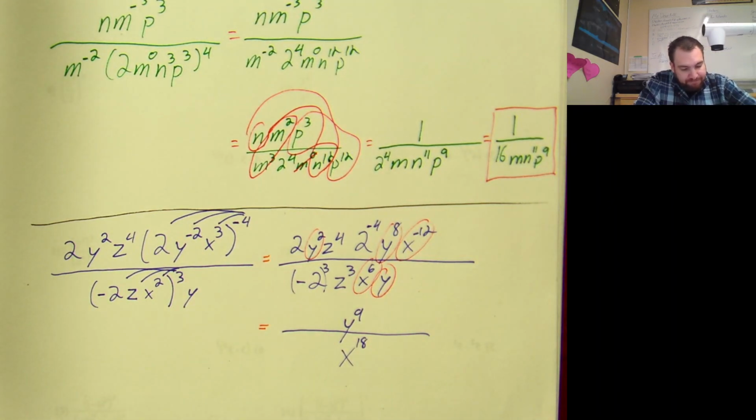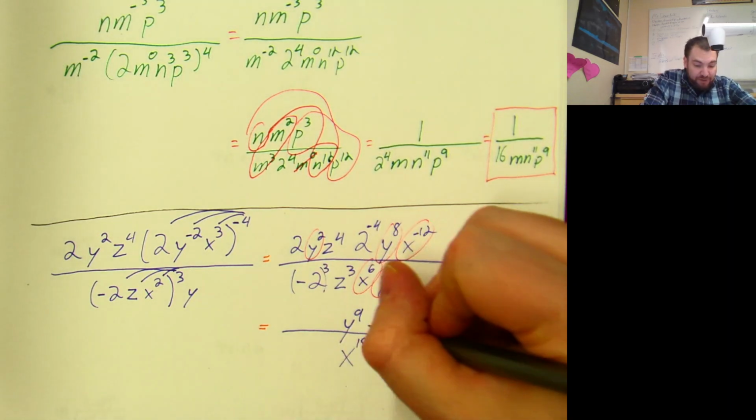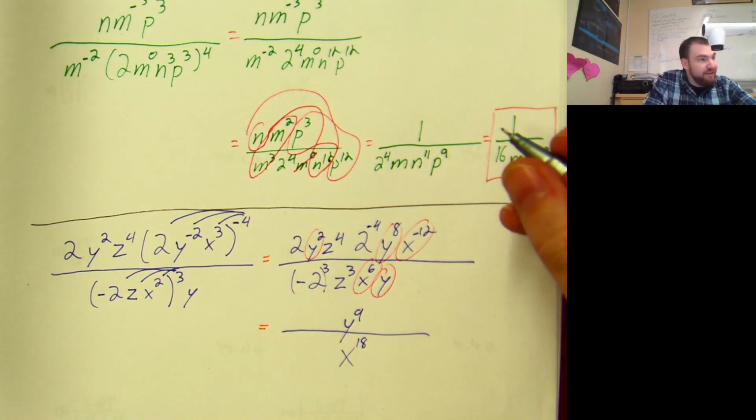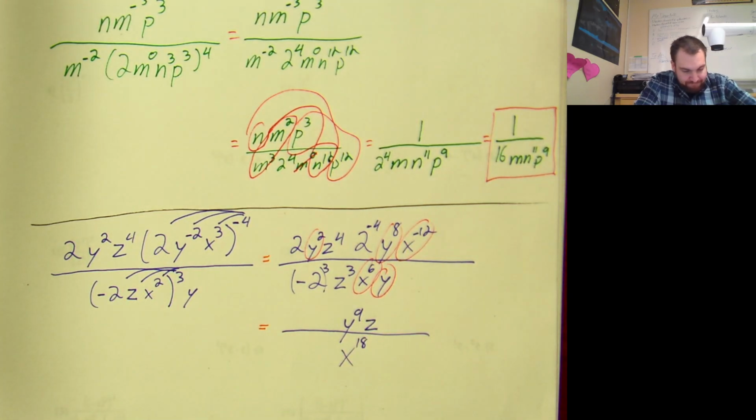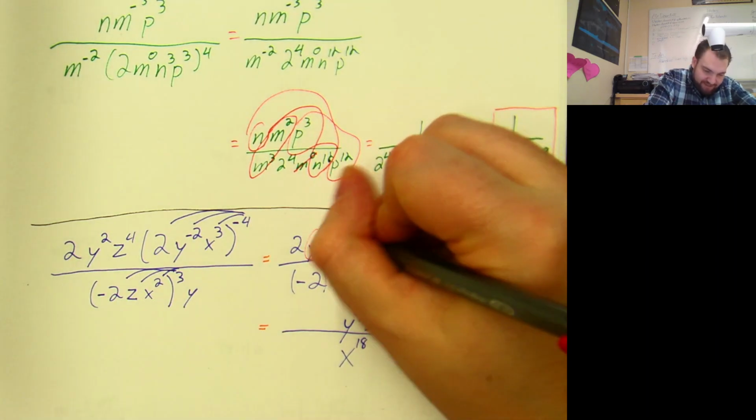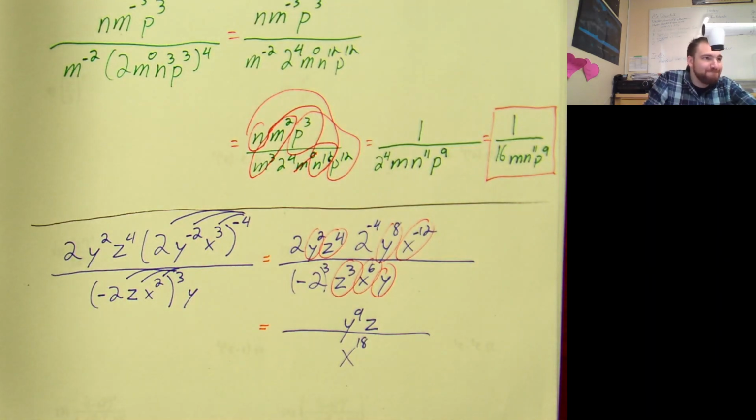Keep going. I'll have a z to the power of 1 in the numerator. If it's to the power of 1, do I have to write the 1? No, so it's going to be a z in the numerator. Cool. So that's this and this. Now what? It's just the coefficients left.